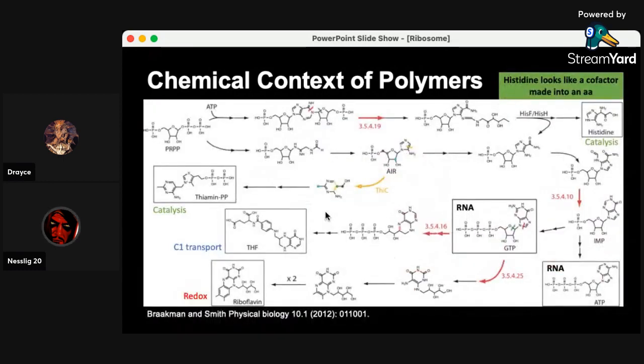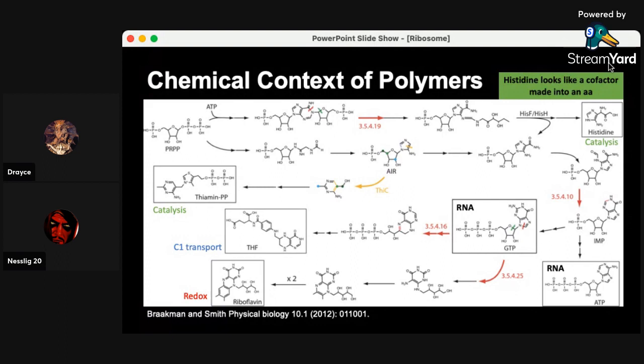And one last thing about the polymers is that more than half of proteins require coenzymes or cofactors. But even the ones that don't still often use these special amino acids like histidine, which seems to be a cofactor in amino acid form.